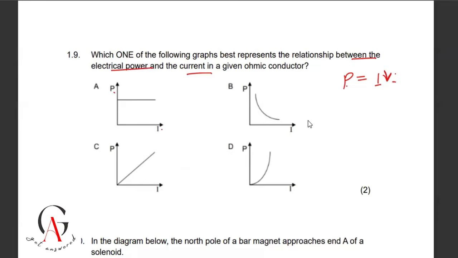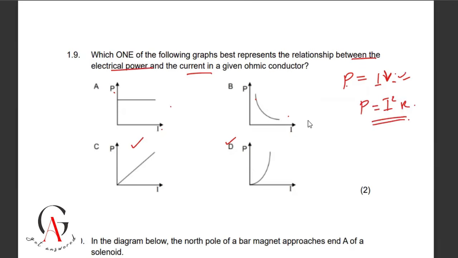It's constant, no. Inversely proportional, no. But okay, we have this, but then we also have I squared R. Okay, that's also one other representation of power and current. Okay, so options C and D make some bit of sense.